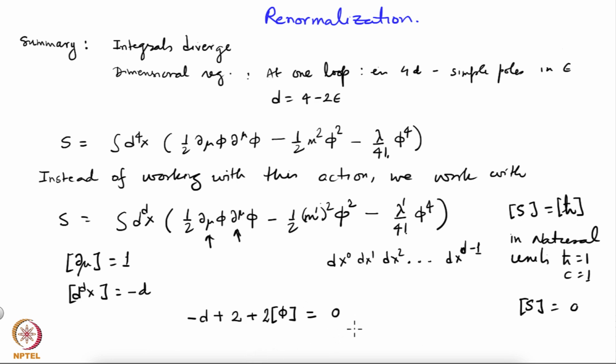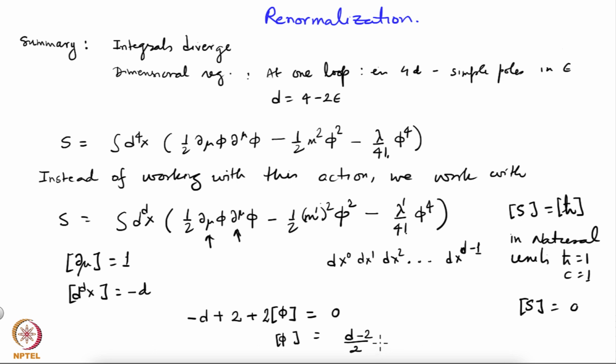So what does that give? That gives the mass dimension of phi is equal to d minus 2 over 2.